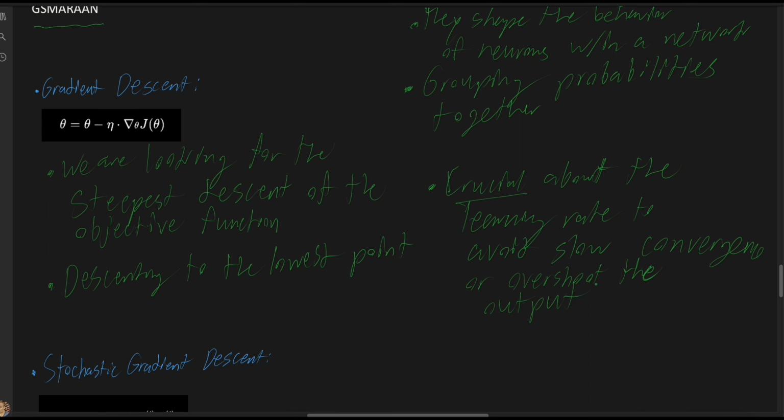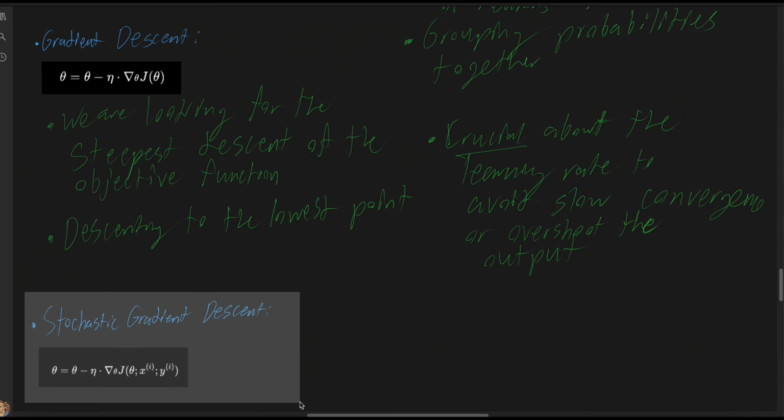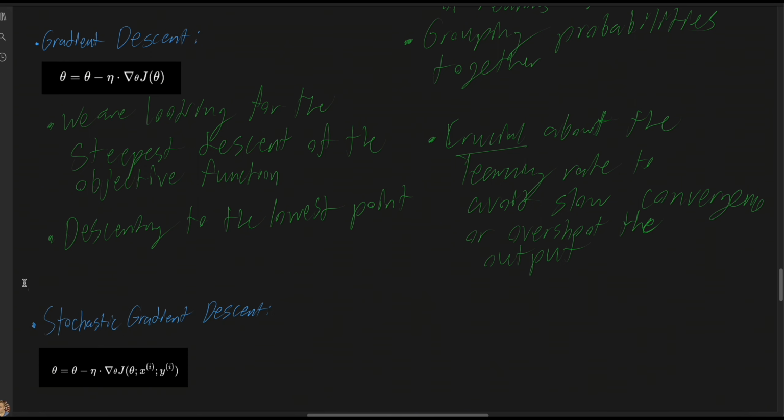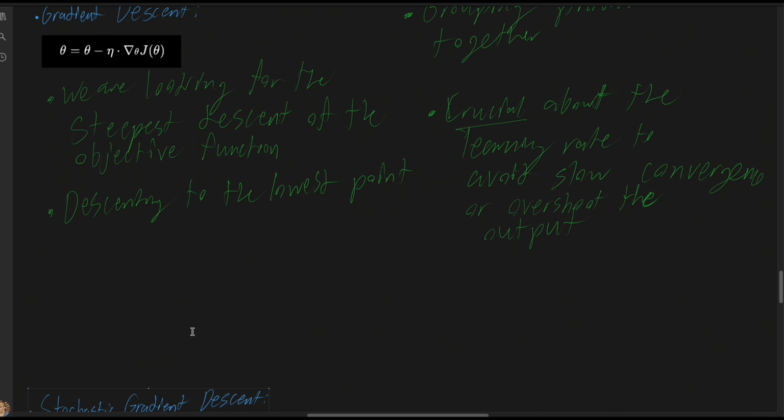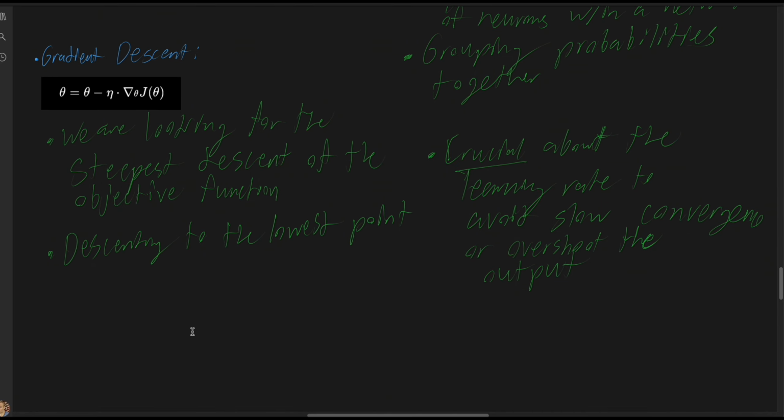To break down how the formula is actually built and constructed, theta refers to the parameter vector of the model, which needs to be optimized.